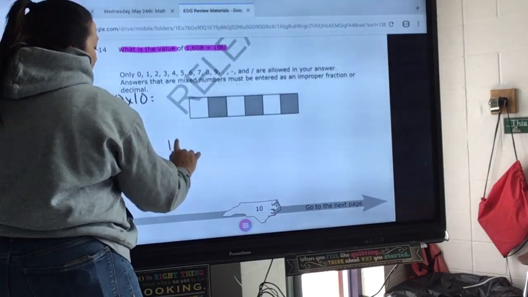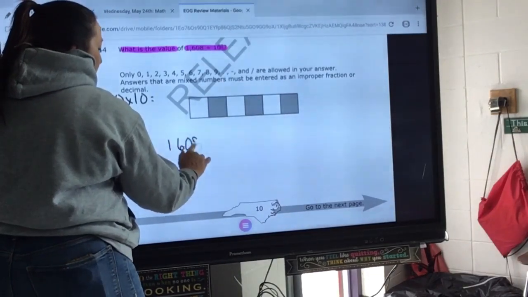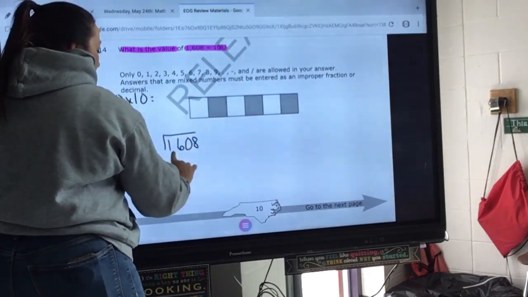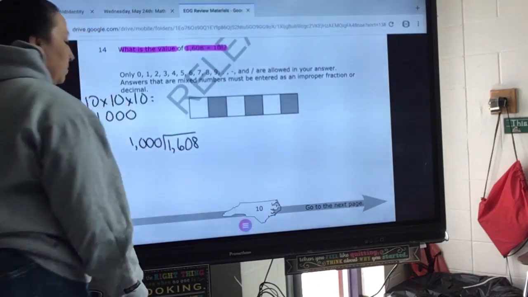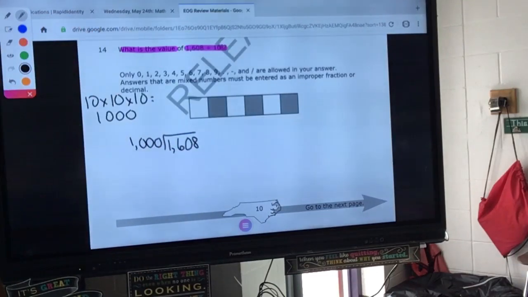So we are now dividing 1,608 by 1,000. What can we multiply 1,000 by to get 1? Anybody? All hands should be up at this point because this is a super easy question. Zoe? No. Absolutely nothing.